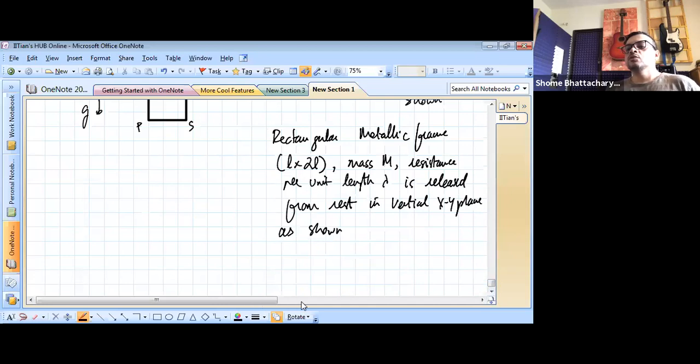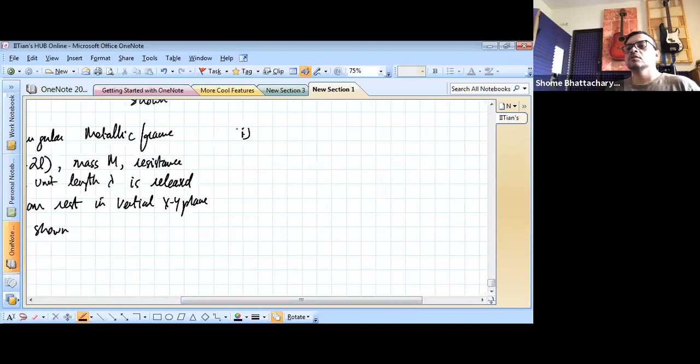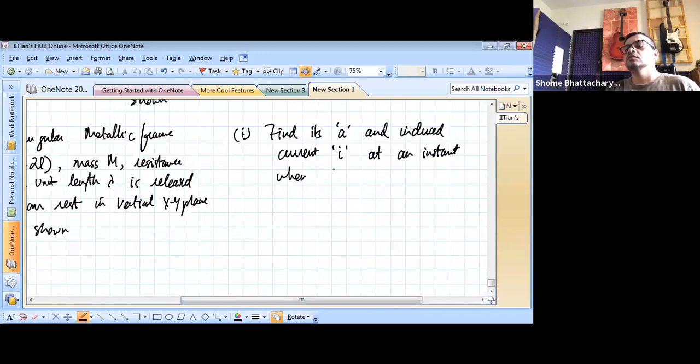Okay. So now what we have to do here is, first of all, find its acceleration and induced current I at an instant when its velocity is v downwards, in terms of v.